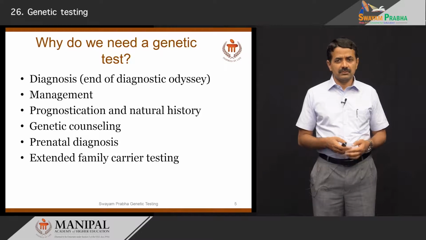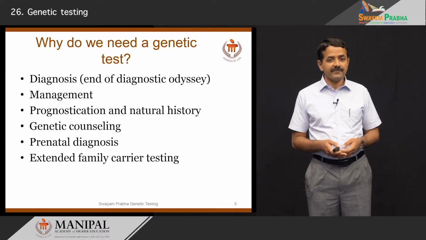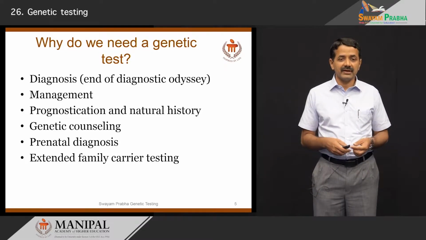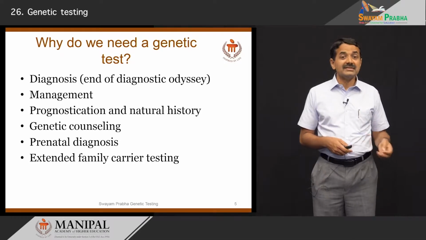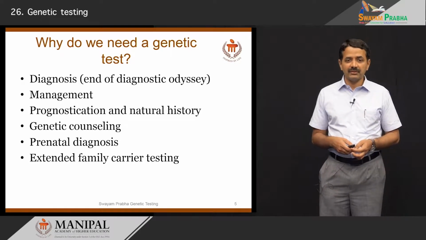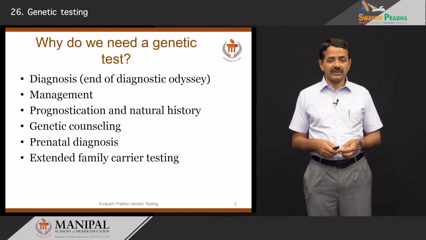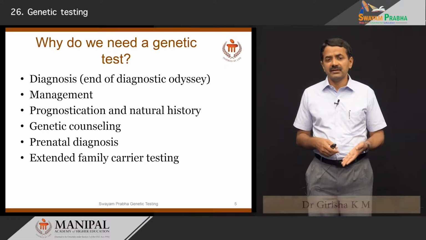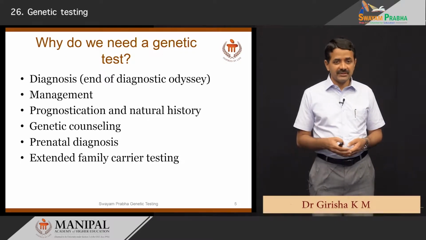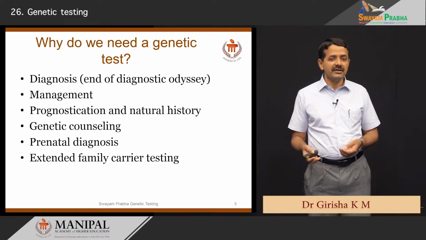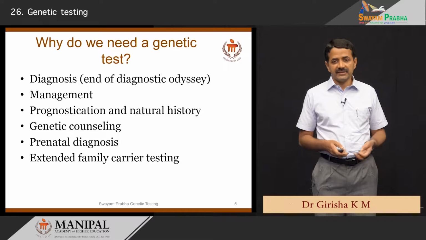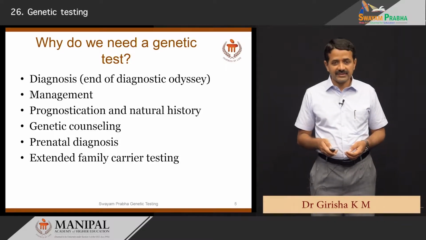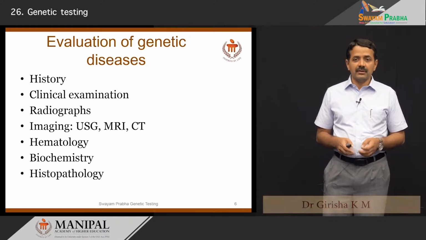Sometimes it is for prenatal diagnosis, where a couple is at risk of having a child with a genetic disease, and during pregnancy we can test them. Sometimes it may be extended family carrier testing, carrier testing in the population, or even newborn screening. So, these are the applications of genetic testing like any other medical test we use in clinical practice.